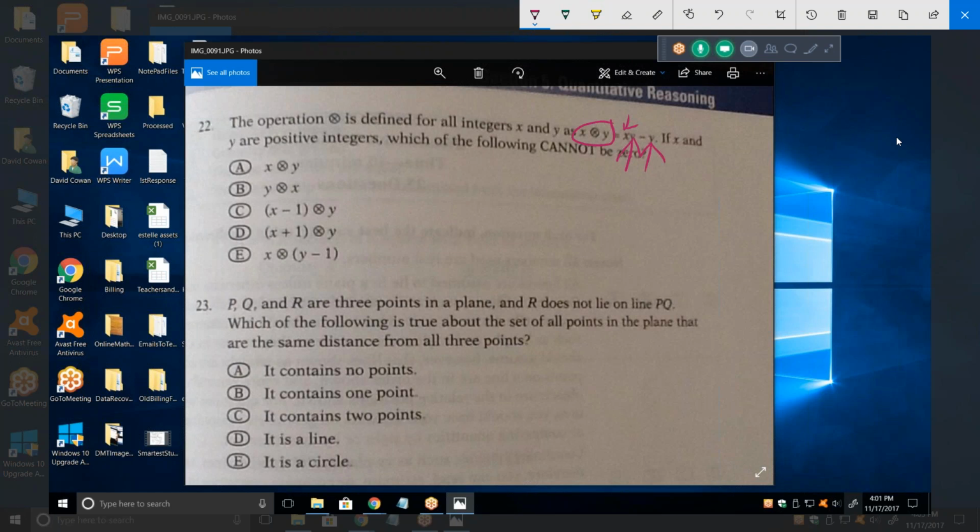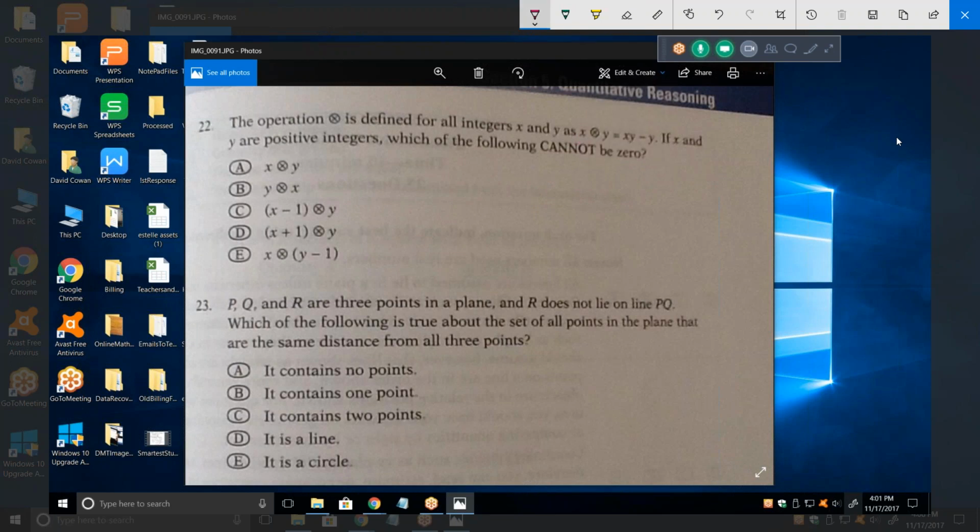Okay. So x star y means x times y minus y. Y star x would be y times x minus x. Okay. I got it. And that can also be 0. It only takes x to be 0 or y to be 1. Correct. All right.